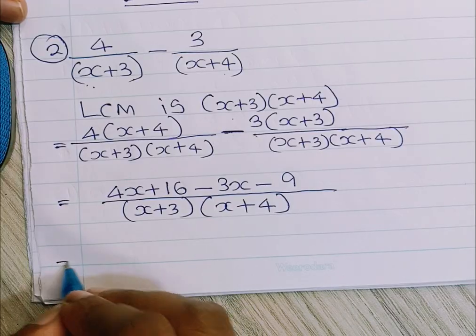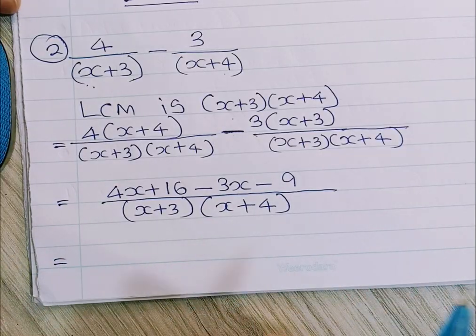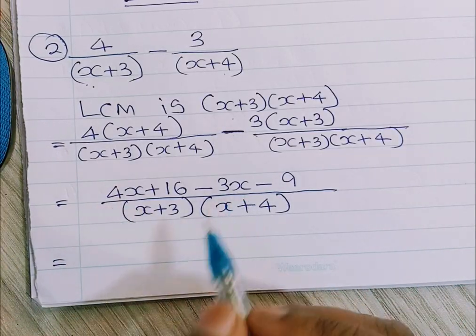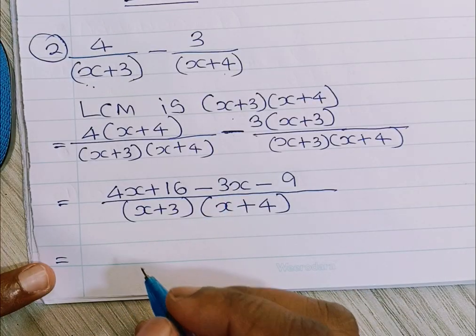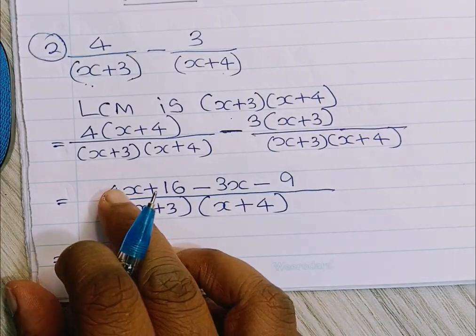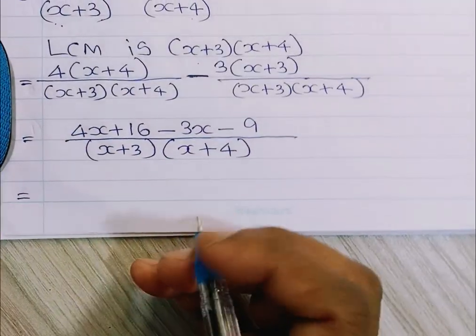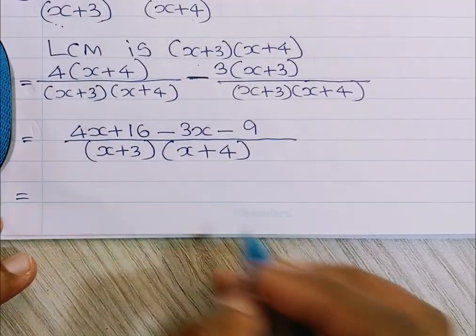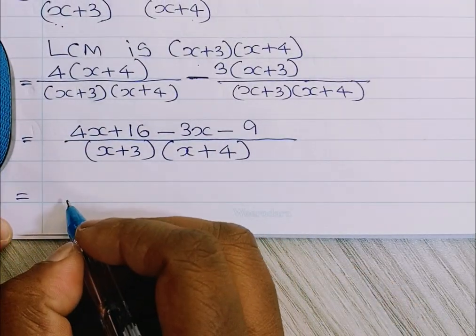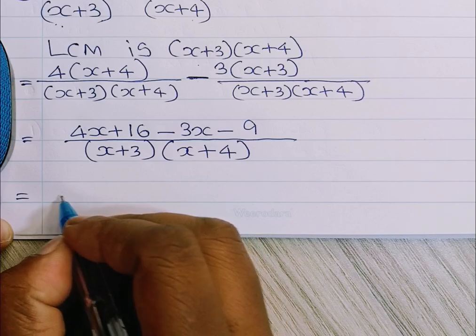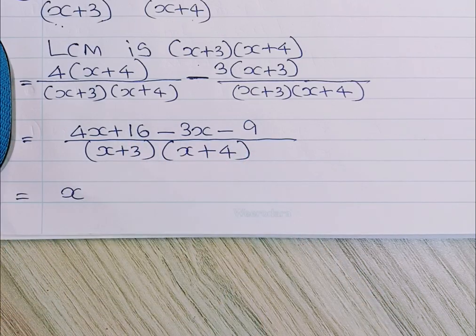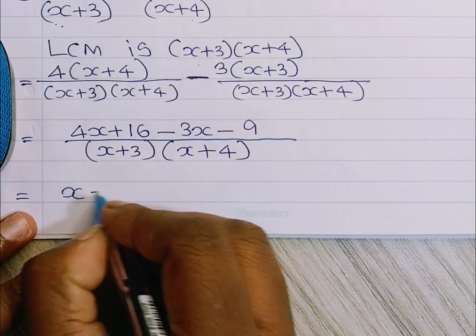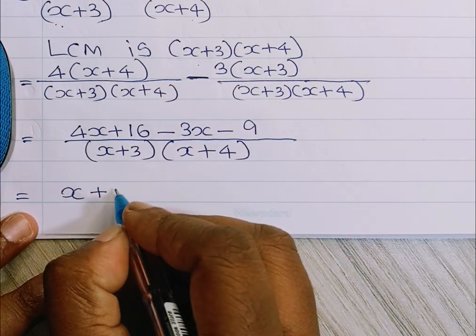Okay, so then after, we can simplify the numerators because there are like terms. 4x minus 3x means what? That is 1x, right? The 1 we are not normally writing, so we can write x, right? x plus 16 minus 9 means plus 7.